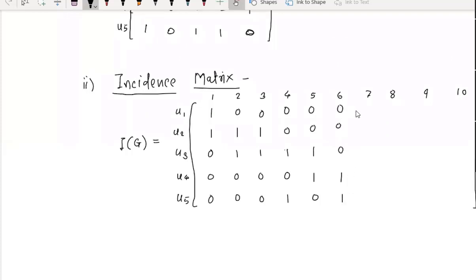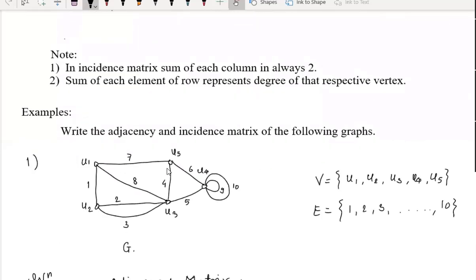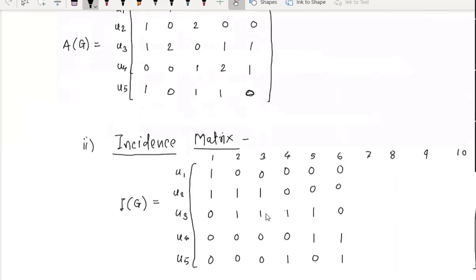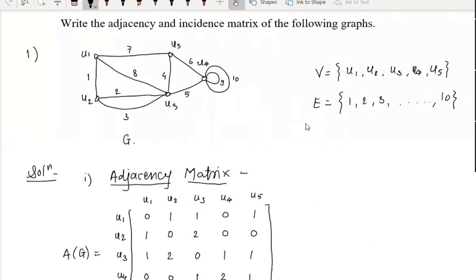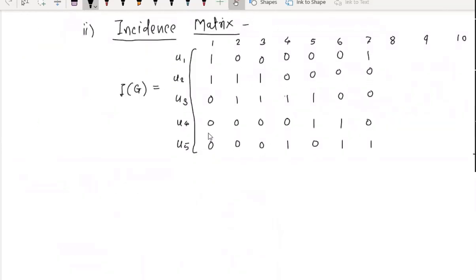E7 is between U5 and U1. U1 U5 के बीच में E7. So U1 is equal to 1 and U5 is also equal to 1, and the remaining entries of that column are 0. E8, edge 8, is between U1 and U3.